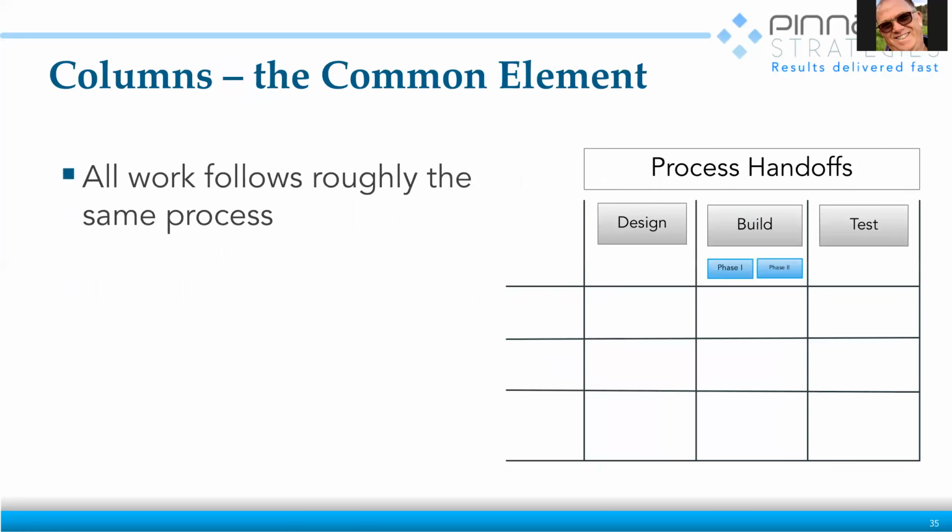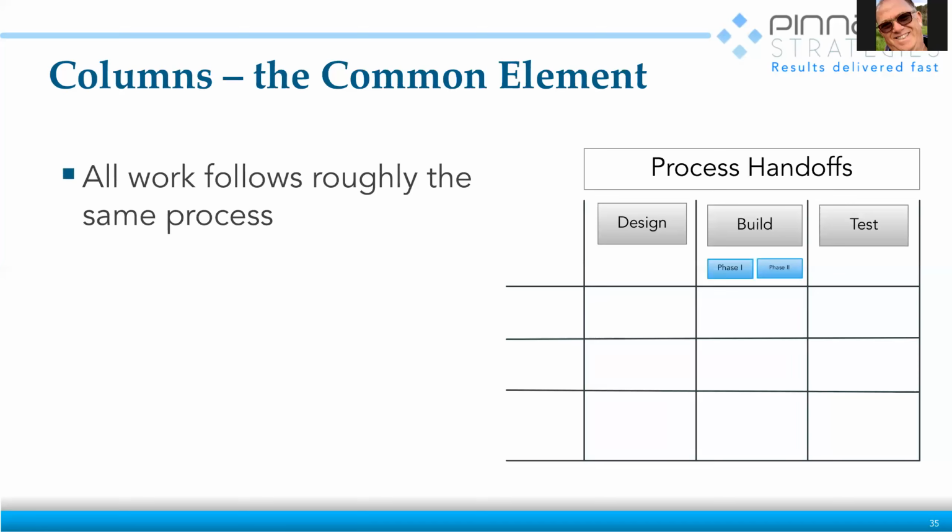So when we're thinking about columns, what we're looking for, so you're going through your process map, as I said, and you're looking for similarities. So what you're doing is you're saying, okay, what I'm building on my board is all work will follow roughly the same process. So if you've got two kinds of work, and I'll show you this here in a minute, you're going to be doing two kinds of boards.